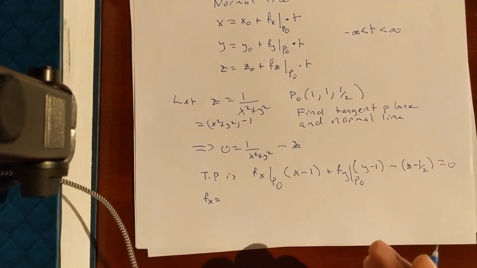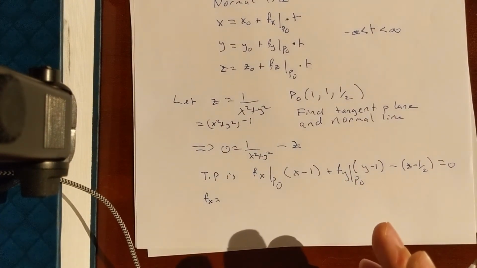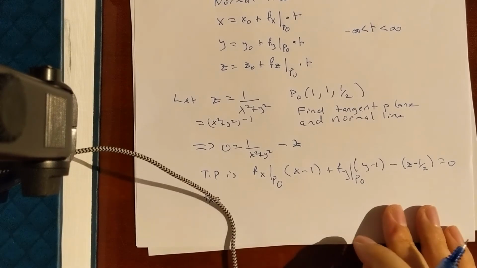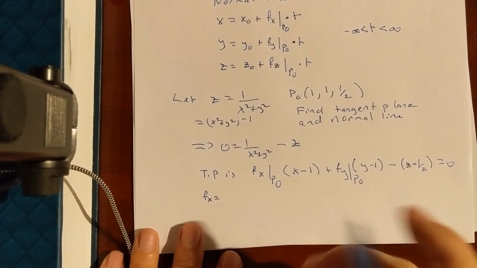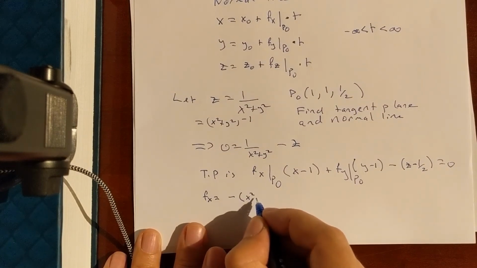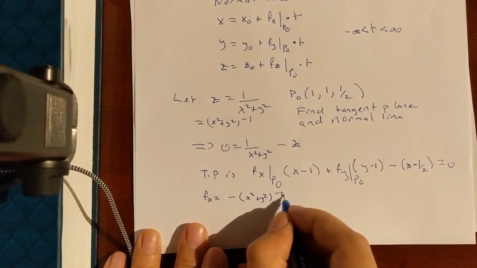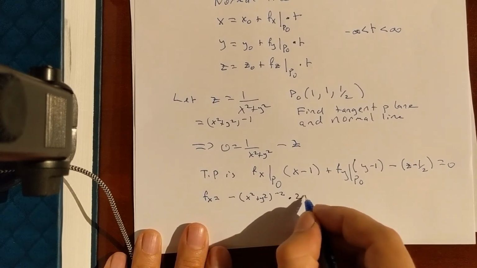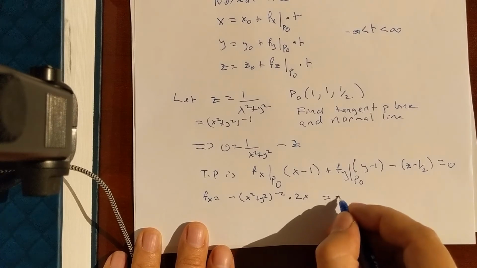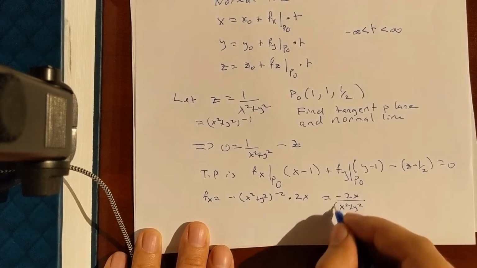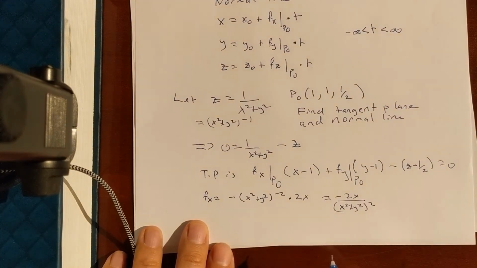So we get minus 1 times (x squared plus y squared) to the minus 2, times the derivative of the inside by the chain rule, which is 2x. So what we get is minus 2x over (x squared plus y squared) squared.